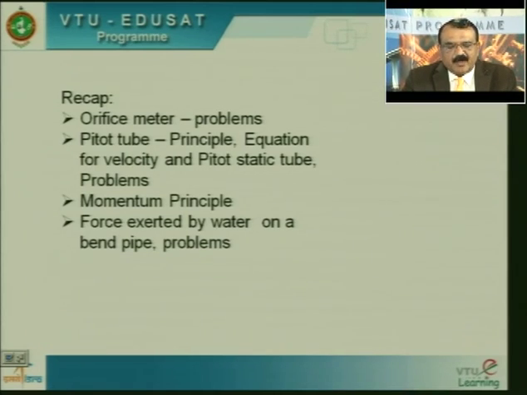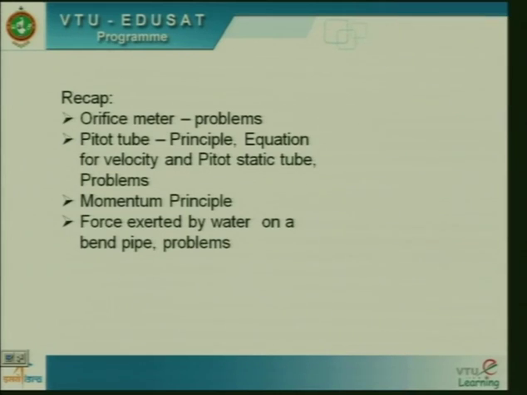In a free vortex, no external torque is required to rotate the mass, whereas in a forced vortex you apply some external or mechanical force in order to rotate the mass about its mass center. Then we showed that the relation between velocity and radius in a free vortex is Vr equal to constant.